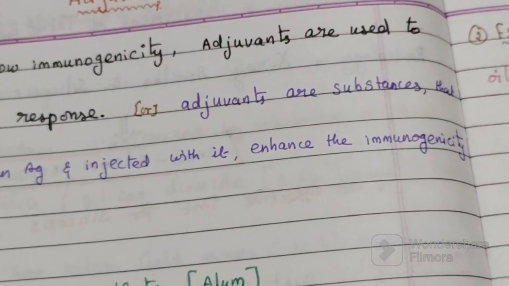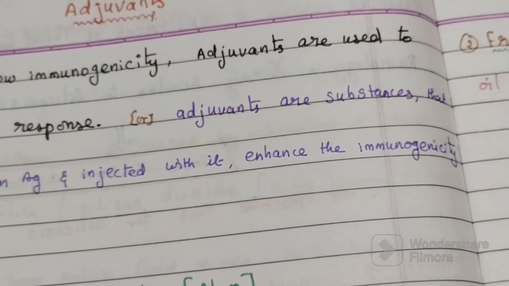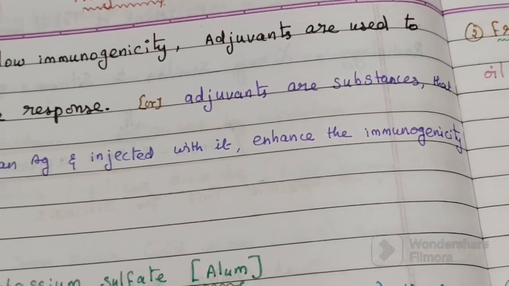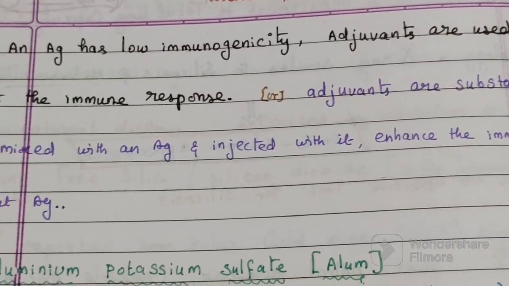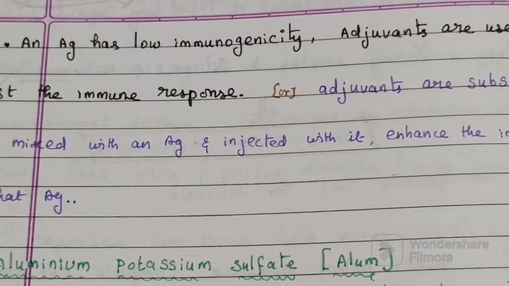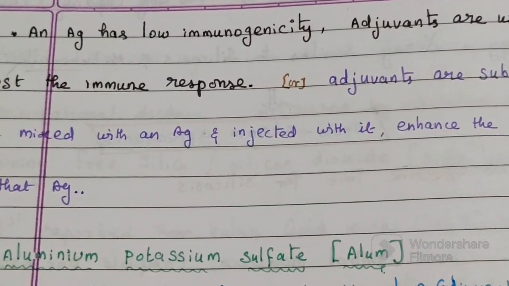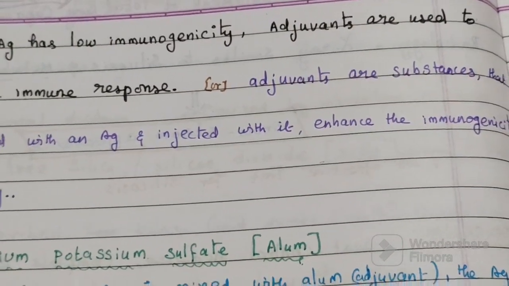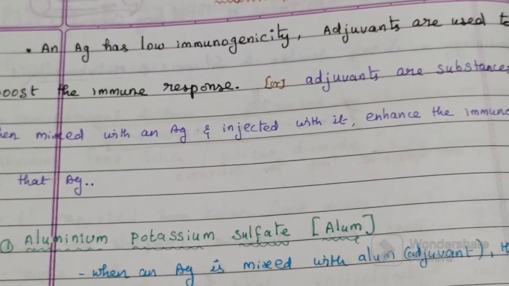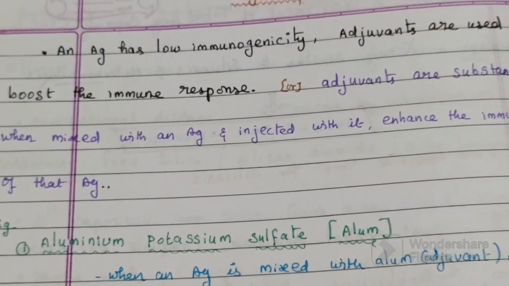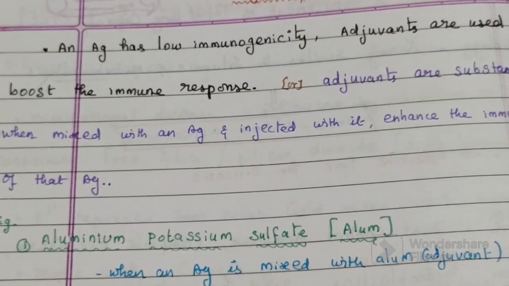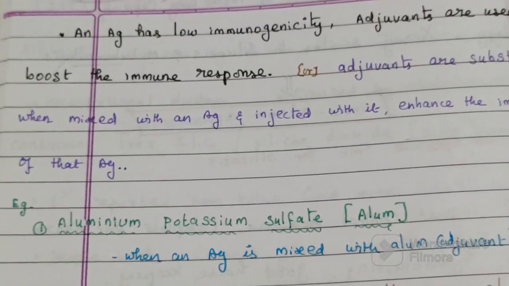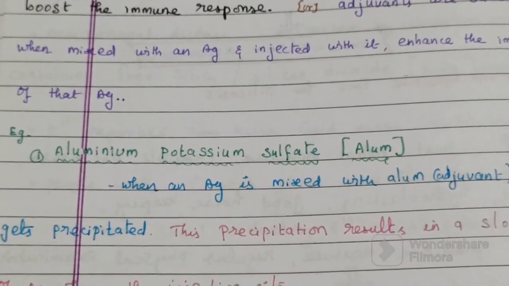In other words, adjuvants are substances that, when mixed with an antigen and injected with it, enhance the immunogenicity of that antigen.